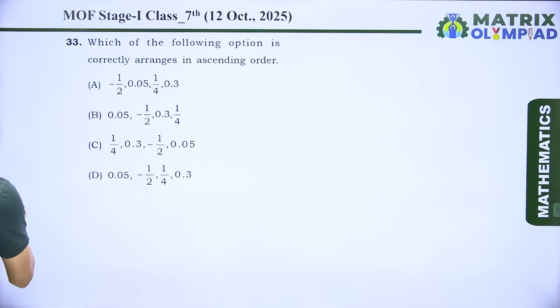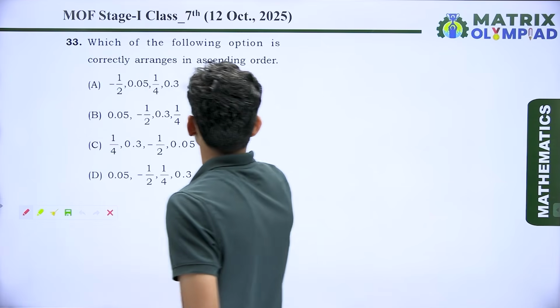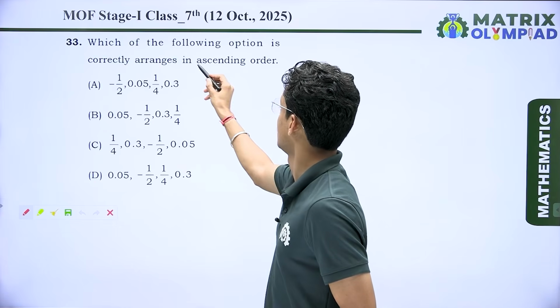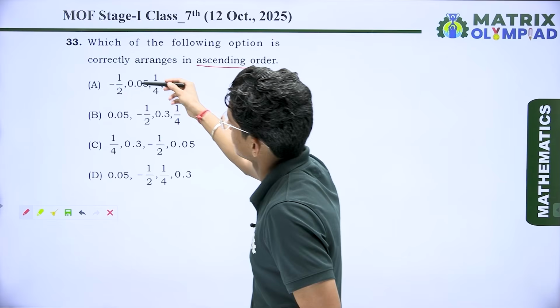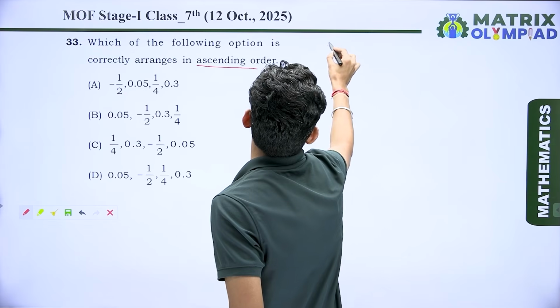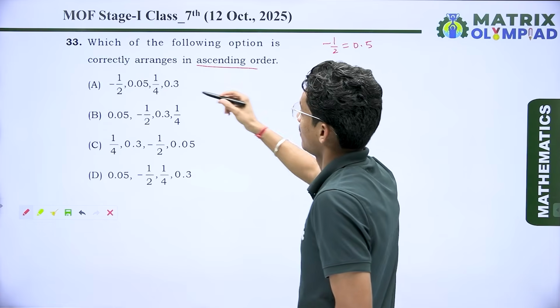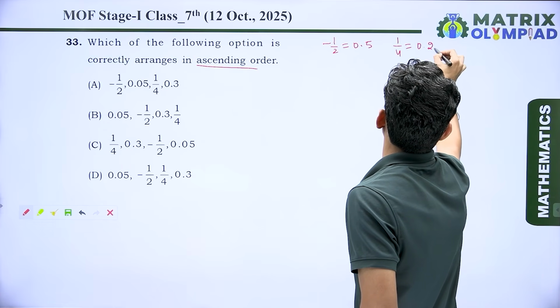Now the next question: which of the following options is correctly arranged in ascending order? We have to find the ascending order. When I observe these options, we have a fraction that is -1/2. I know -1/2 means -0.5, and we have 1/4, which means 0.25.